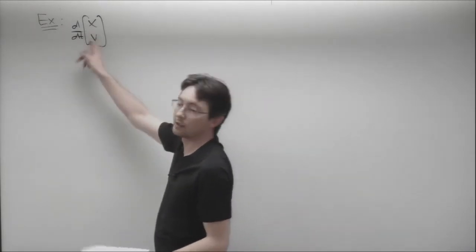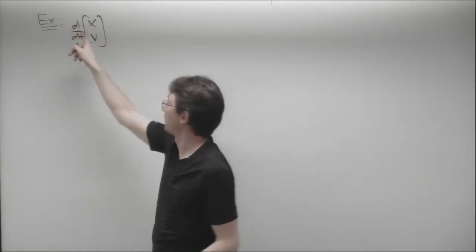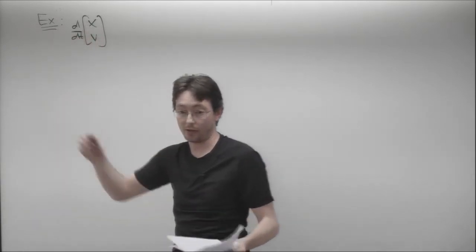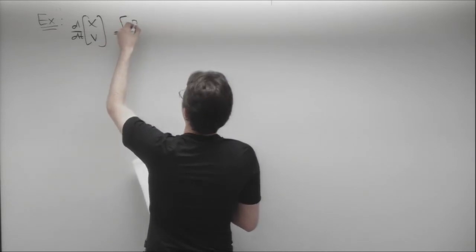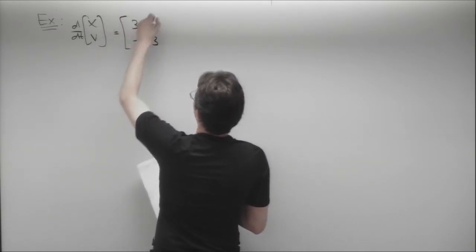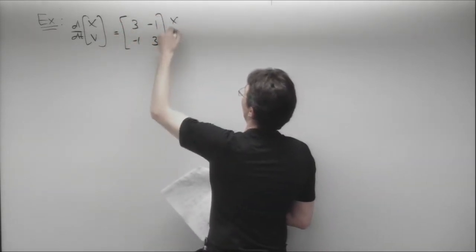It doesn't matter what I call these, they are just variables. I'm thinking of it as position and velocity, but you can think of it as whatever. This is going to equal the matrix 3, minus 1, minus 1, 3 times x v.